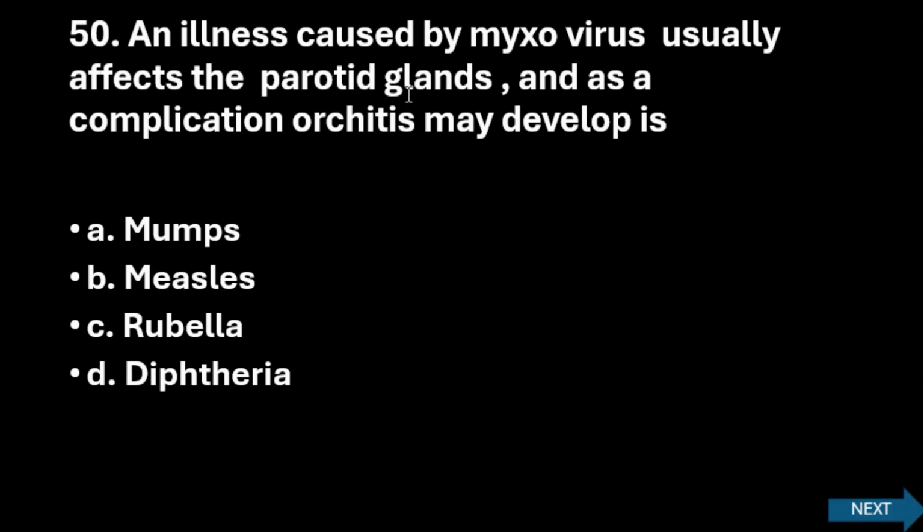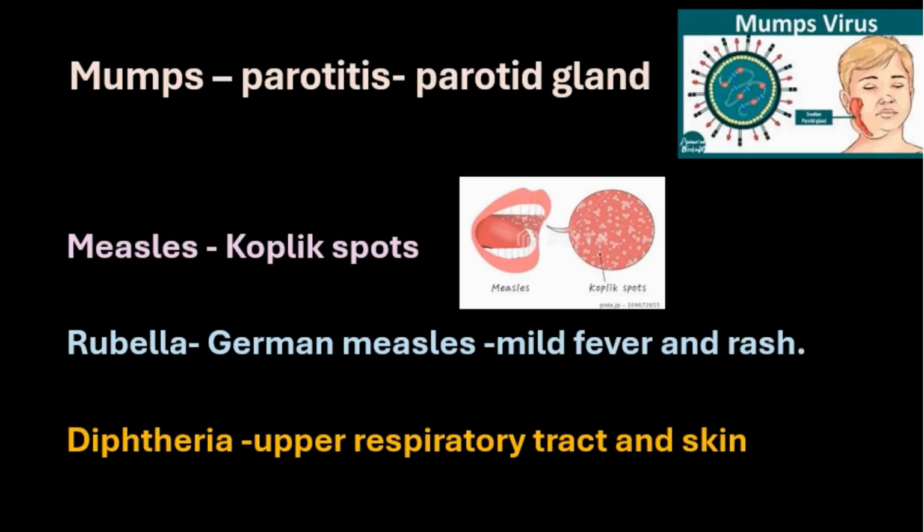The right answer here is option A mumps. You can see the different diseases in the options. Mumps, parotitis, parotid gland. These are all kinds of paramyxovirus family only, but you can see and differentiate the different organs here.